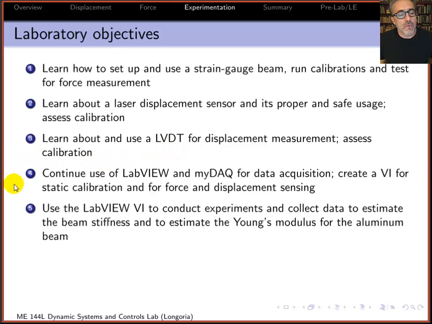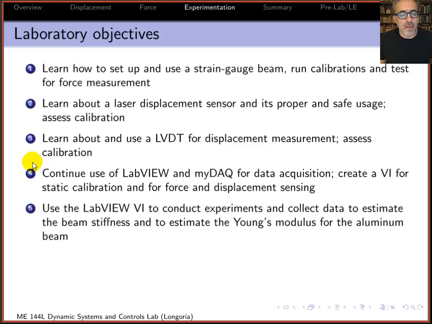We also want to continue having you experiment with LabVIEW, and we may introduce you to using a calibration VI that will automate the collection of some of the data. This will give you an opportunity to see the design of a different LabVIEW VI for that purpose, rather than just a rudimentary collection of calibration data.